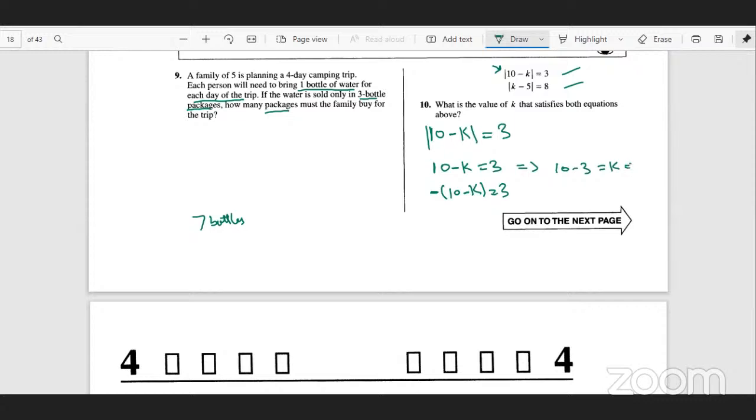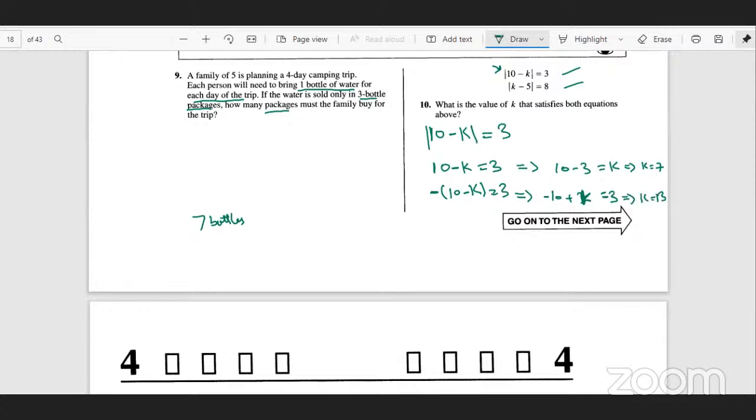So this implies k is 7. And for this equation, I'm going to get minus 10 plus k equals 3. So this implies that k is 13.